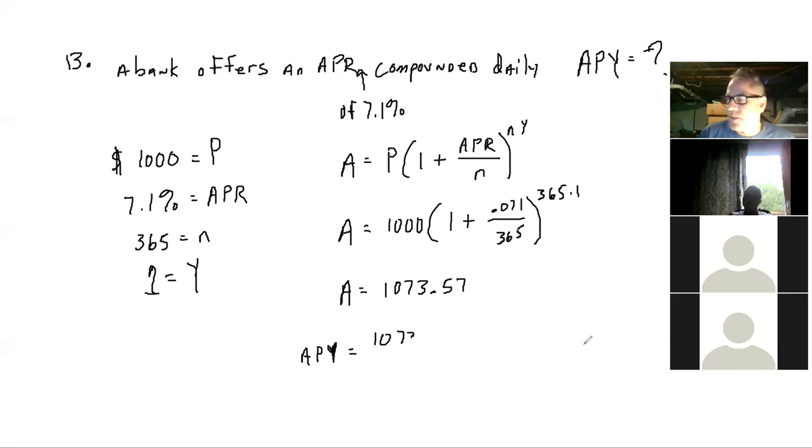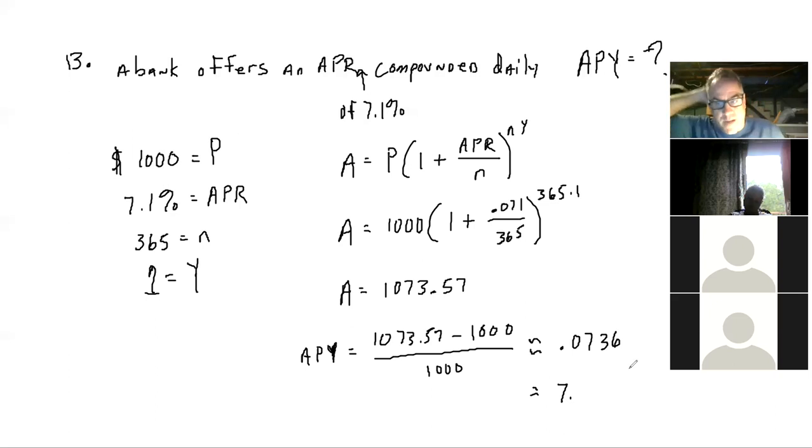And that's approximately 0.0736. And so as a percentage, actually, we don't need that because we rounded here to get that. But that would be 7.36%. So that is your APY.